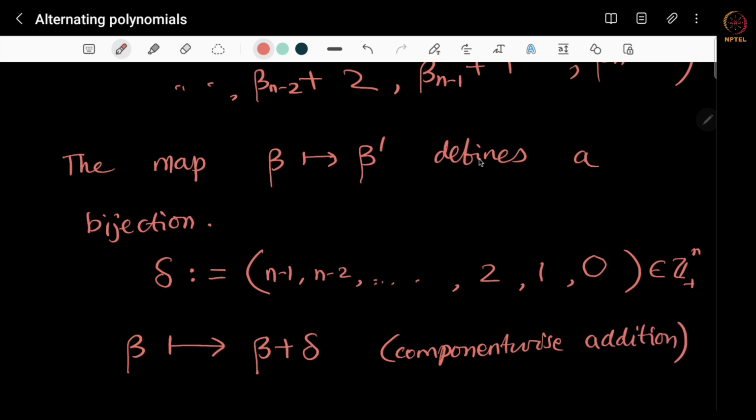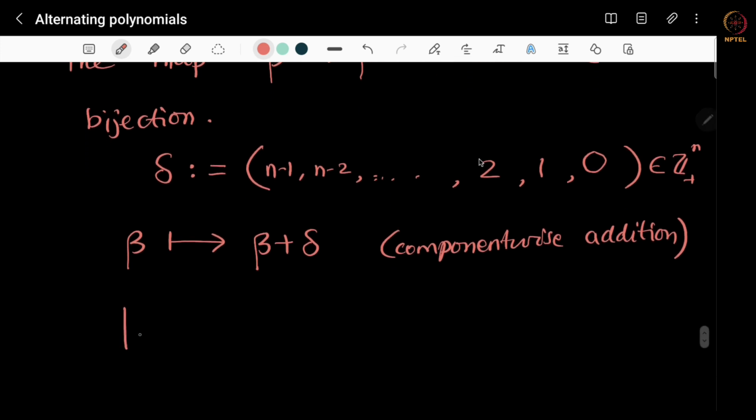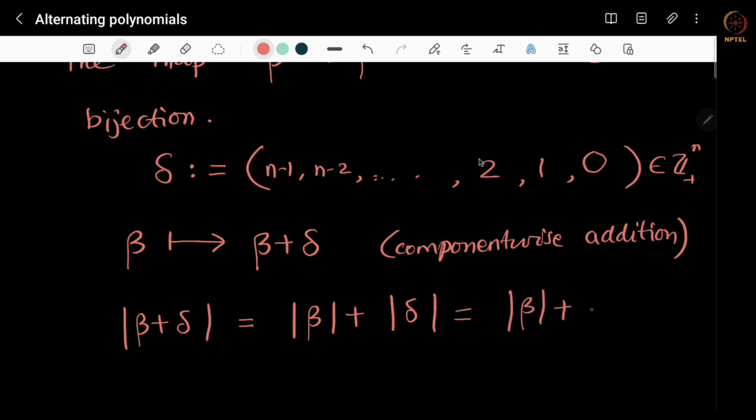Okay, so that defines a map from a bijection, and the one new thing to keep in mind is the sum of the parts. If you add up all the parts of beta plus delta, you will just get all parts of beta plus all parts of delta, but the parts of delta are just 0, 1, 2, 3 till n minus 1.